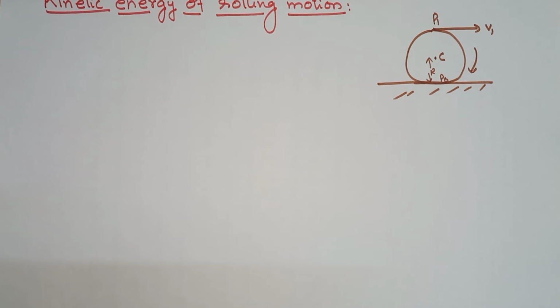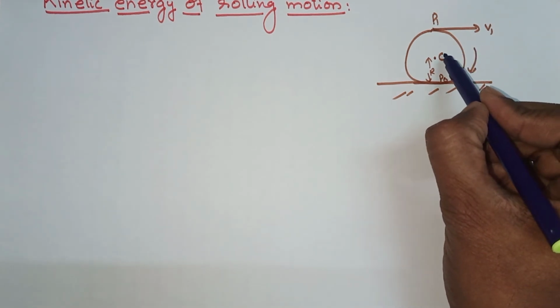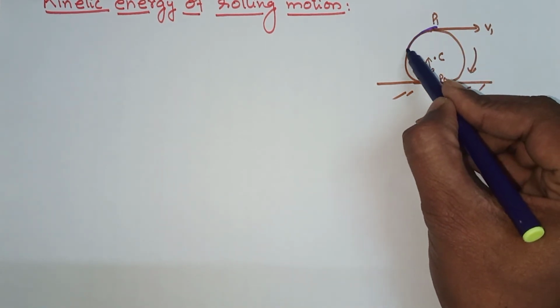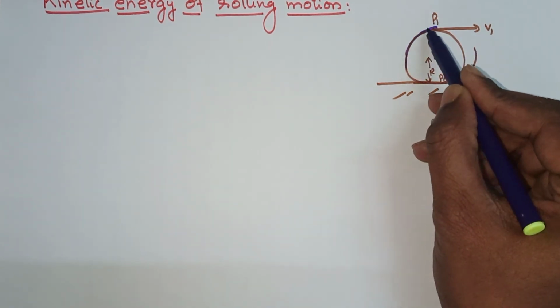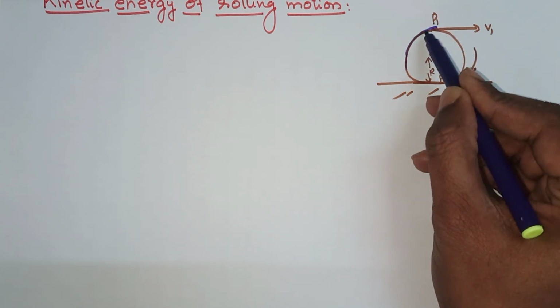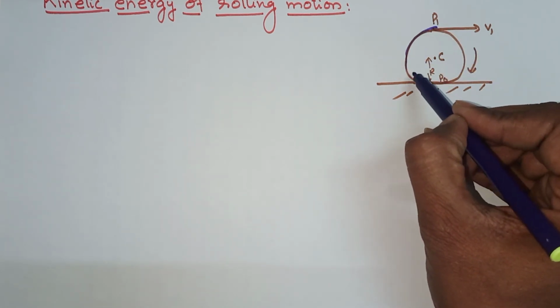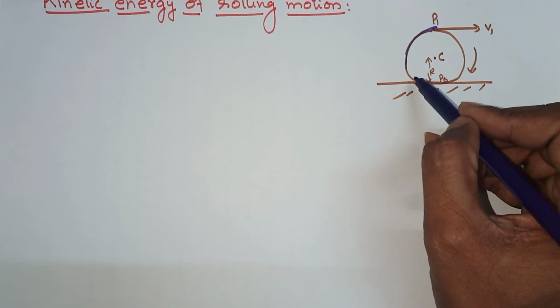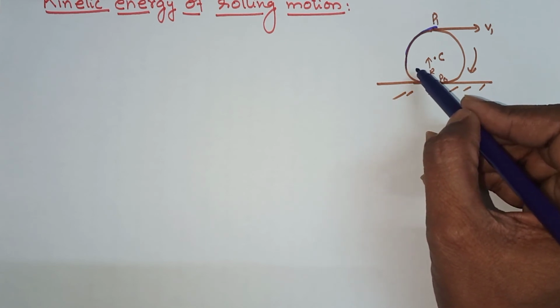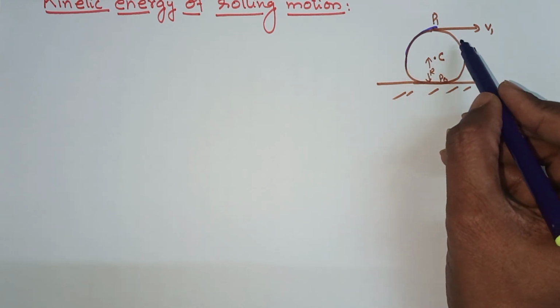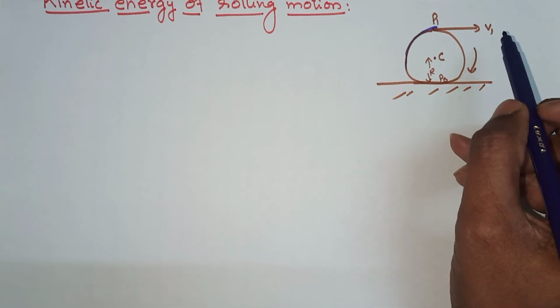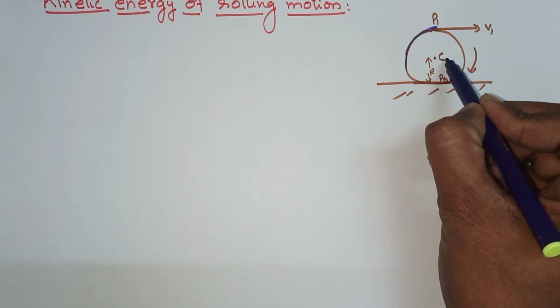Here, the kinetic energy of a rolling motion of the body. See that this is a center, a disc or circular disc. It is being rotated, rolling, because any body is easy to push or pull when it is being rolled with wheels. So this is the center of mass.